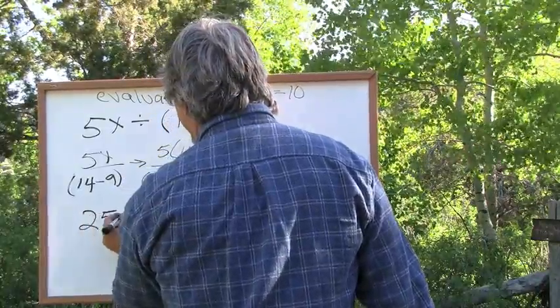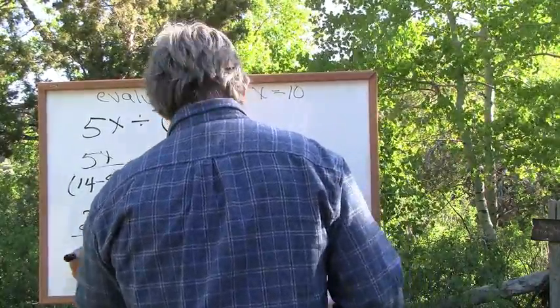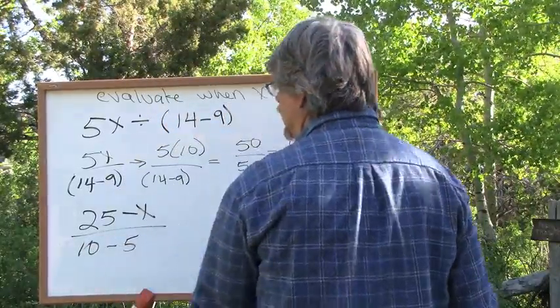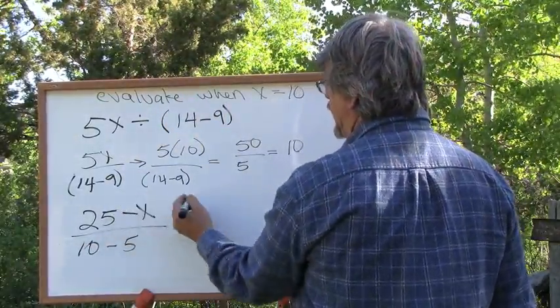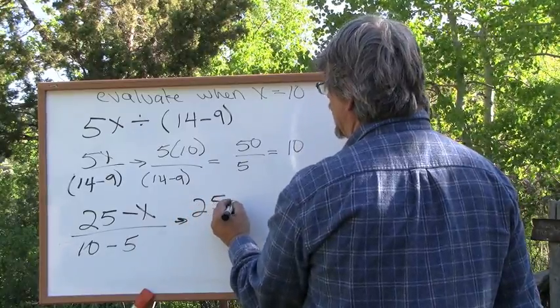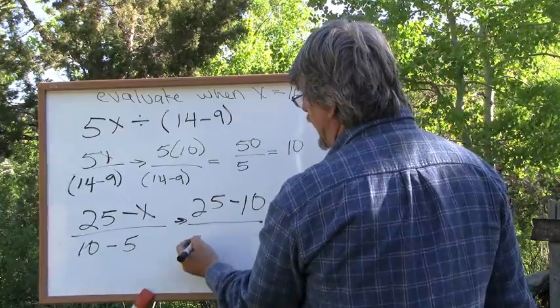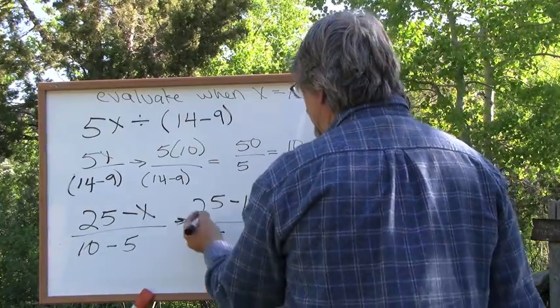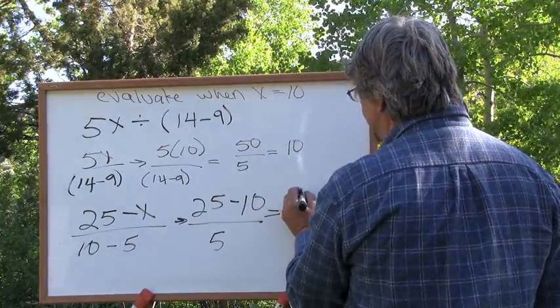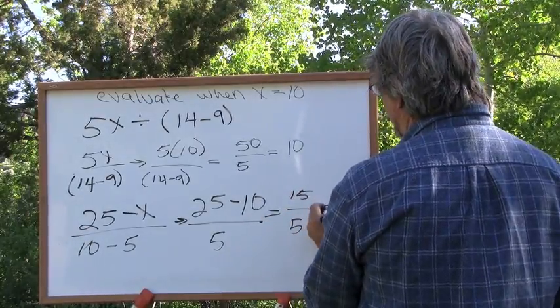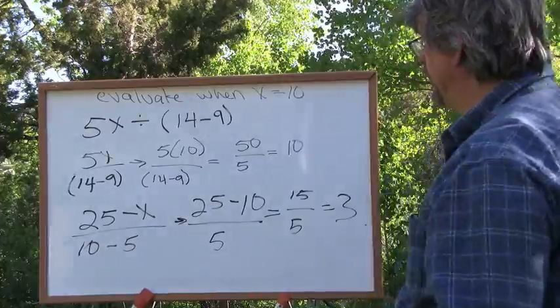Let's say we have 25 minus x, and this is divided by 10 minus 5. So this becomes 25 minus 10, because that's what we're told x is, divided by 10 minus 5 is 5. So 25 minus 10 is 15 over 5, and you know 5 goes into 15 3 times.